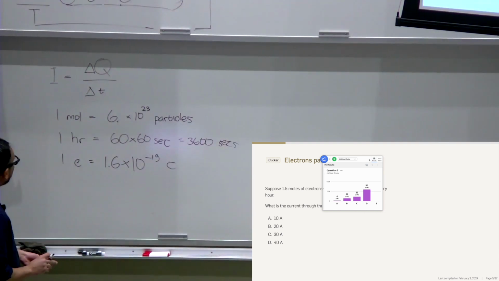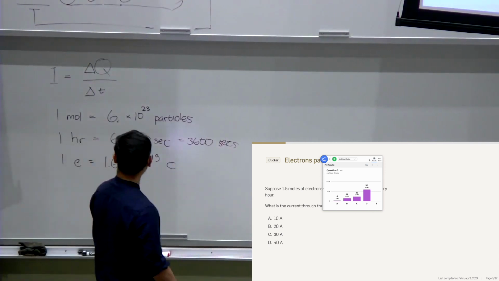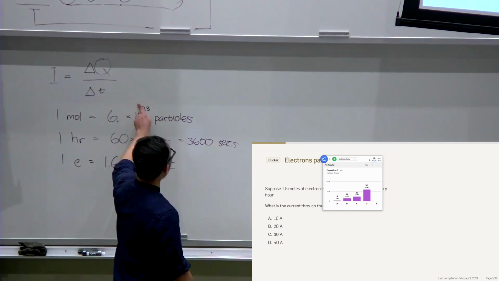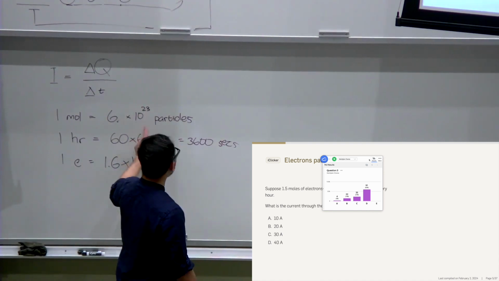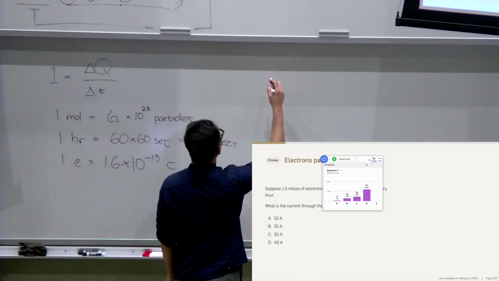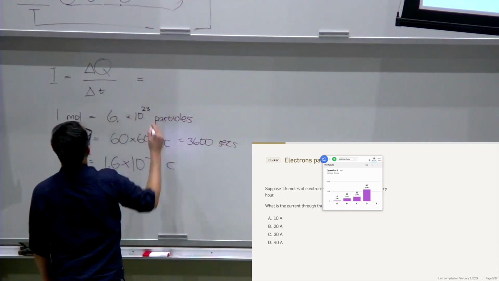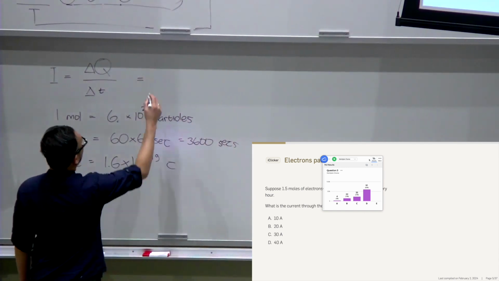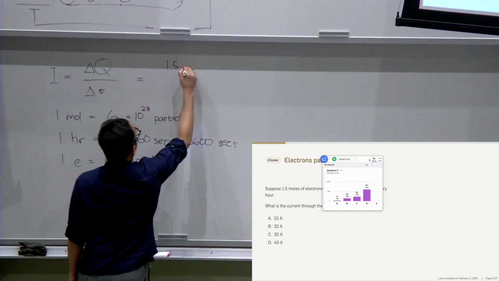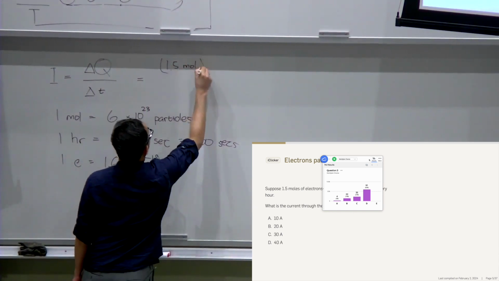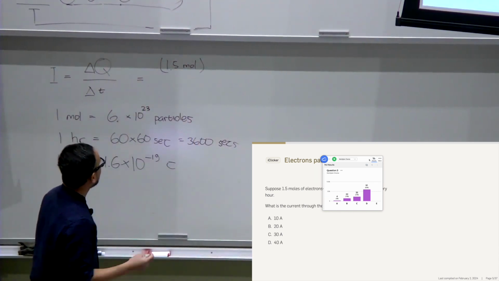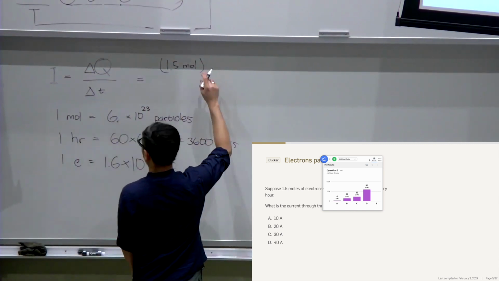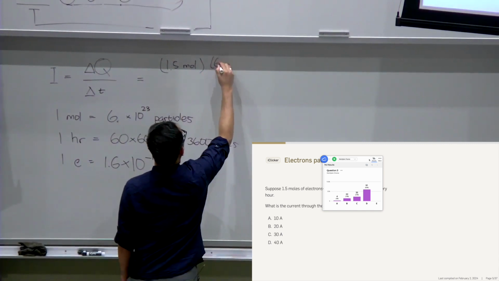You should remember that. And then 1 mole is 6 times 10 to the plus 23. You should know that. Okay, so I is equal to delta Q over delta t. Delta Q is 1.5 moles of electrons. So 1.5 moles, we need to convert to a number.